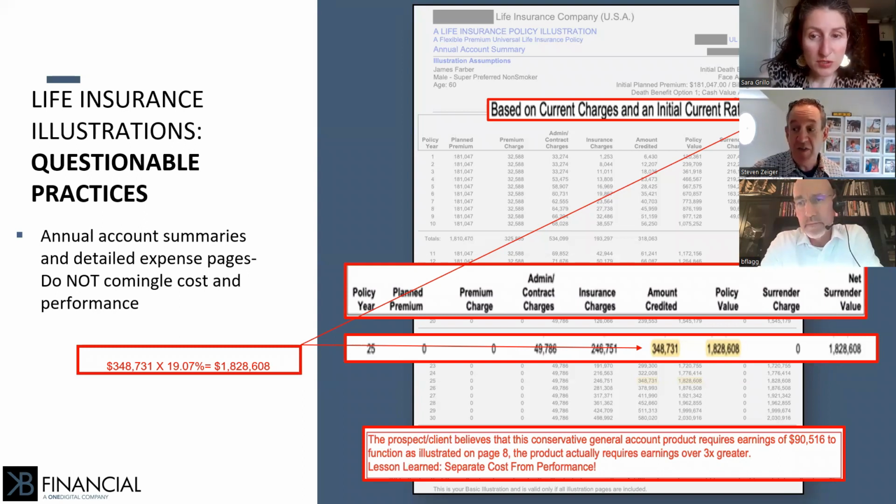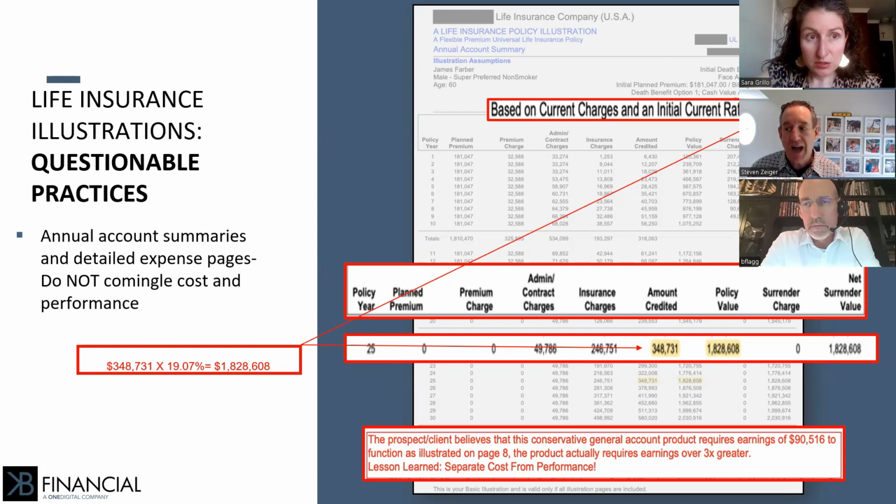My policy will fall apart because it won't be able to afford this year's admin charge of approximately 50 grand and my insurance charges of another 250 grand. I'm going to be charged $300,000 in costs, and if I don't have that amount, the policy can't afford itself.